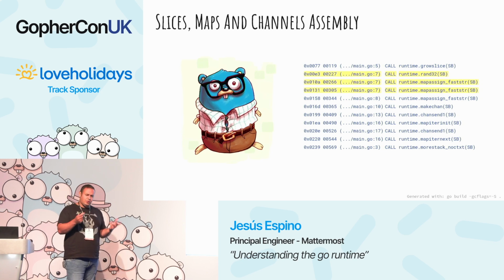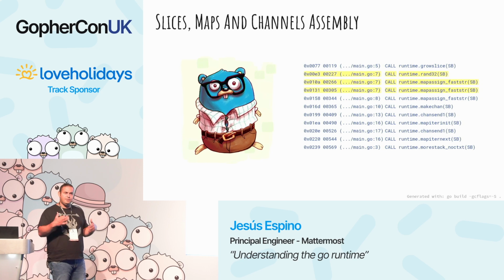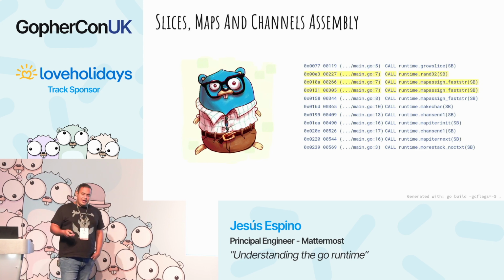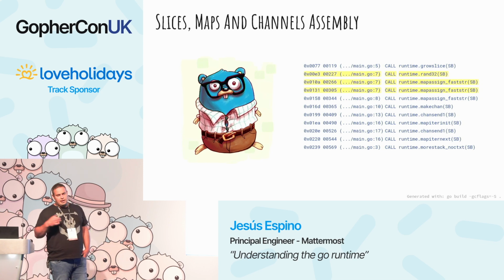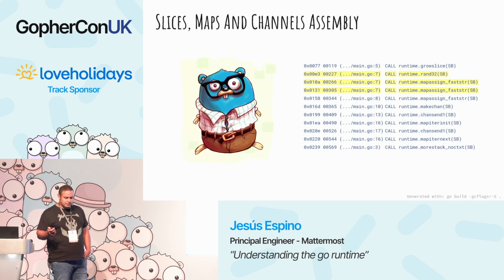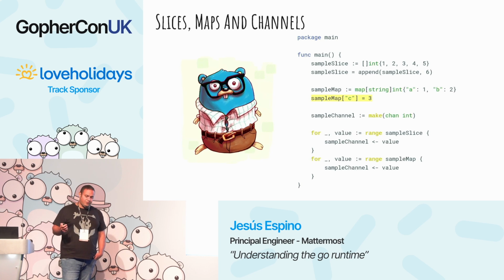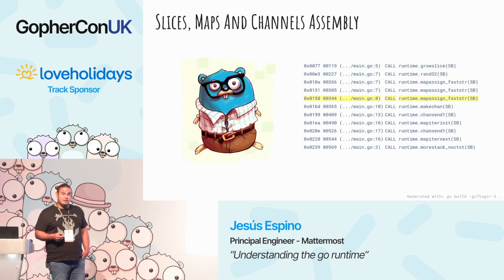That is used for ensuring that maps are in completely random order from one map to another. After that, it's going to use another function from the runtime, mapassign_faststr. It's using it two times because I'm assigning two keys. The next line is another assignment to the map, so another mapassign_faststr.